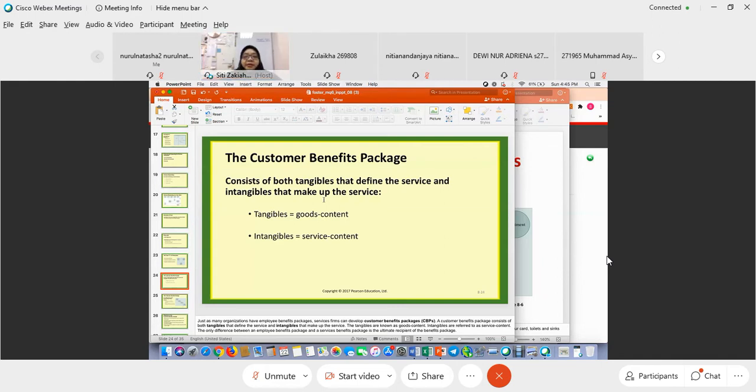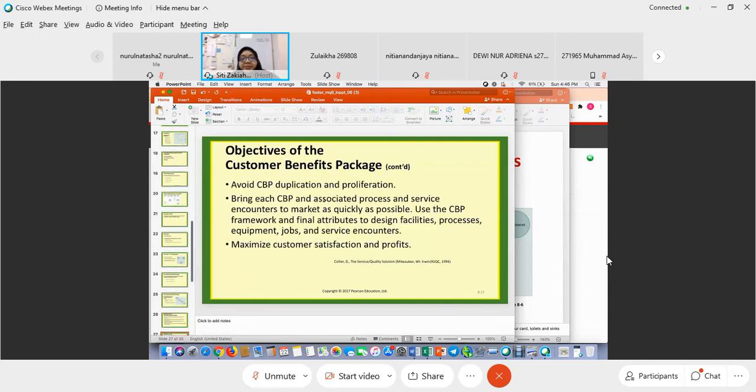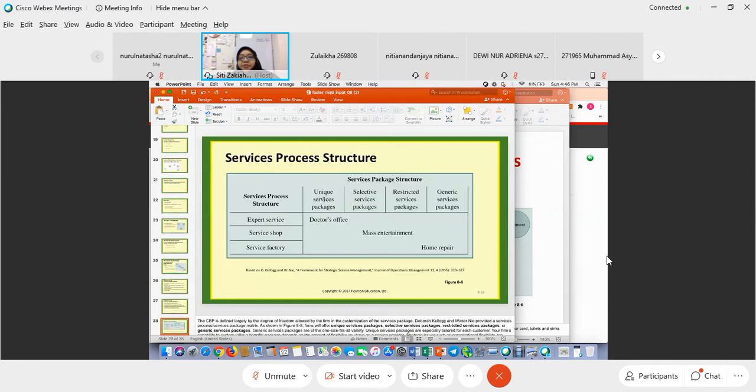Okay. So for a customer benefit package, there's something that you appreciate, you want to give to your customer. It should be a combination of both tangibles and intangibles, right? Please read up on customer benefit package.